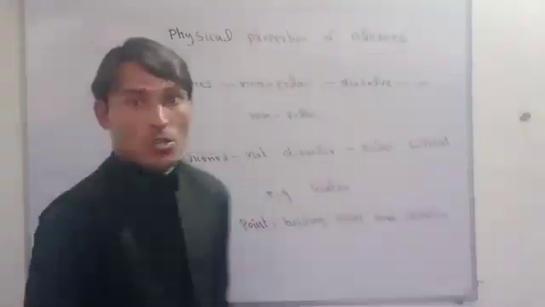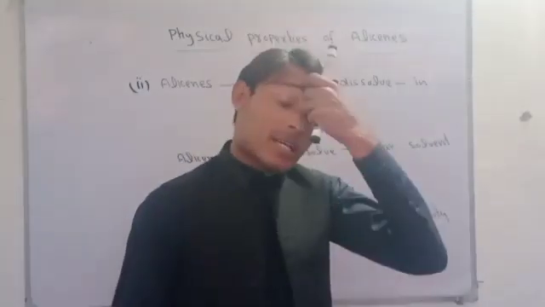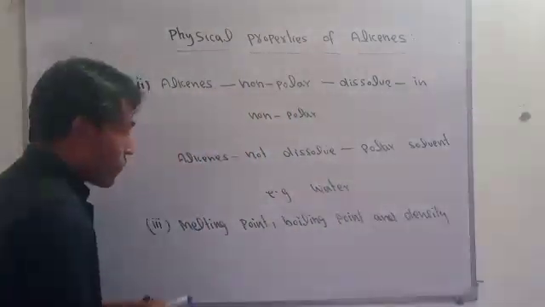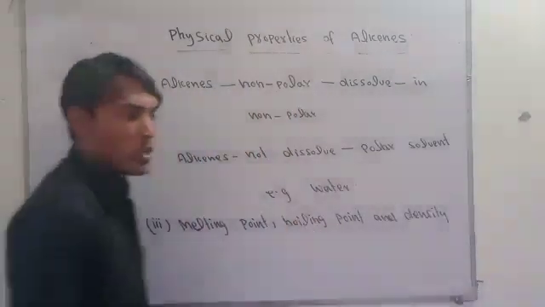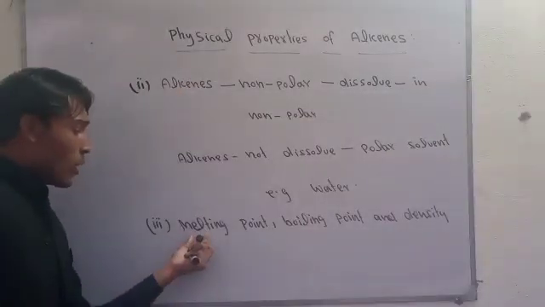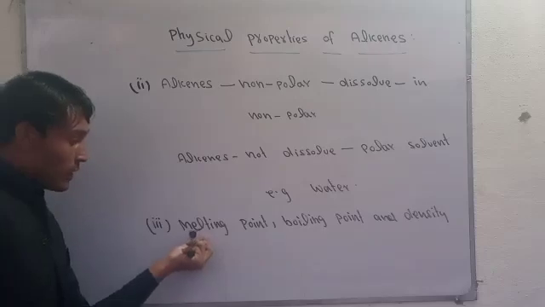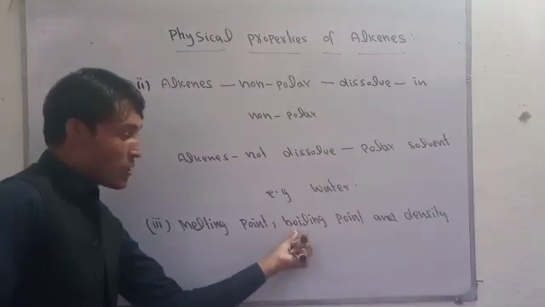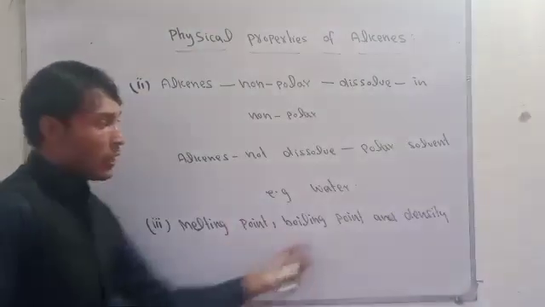Density will increase with the increase in the series and molecular mass. What is melting point? It is the point at which a solid changes to a liquid, and the boiling point is the point at which a liquid changes to a gas.